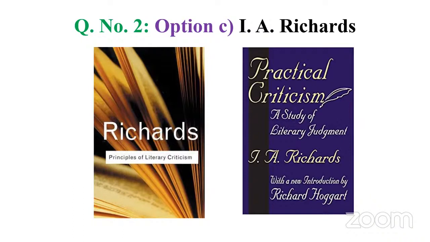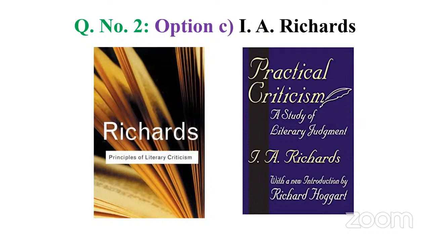And this method was introduced by I.A. Richards, and he documented the responses by students and published all the responses as a book. And that is the book we have, Practical Criticism, subtitle, A Study of Literary Judgment.